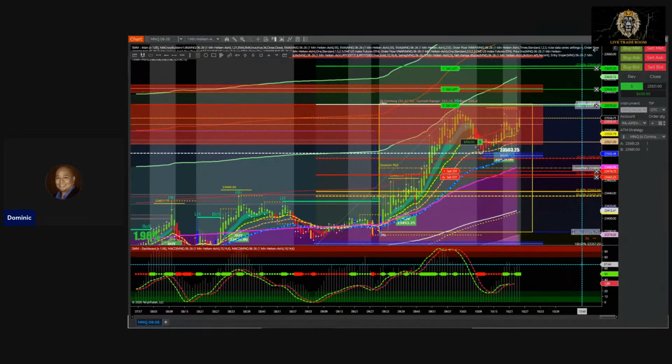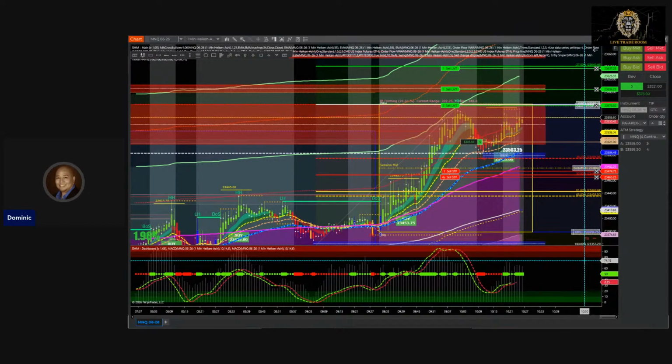I'd be very happy. Even based on the fib extension on the second wave.